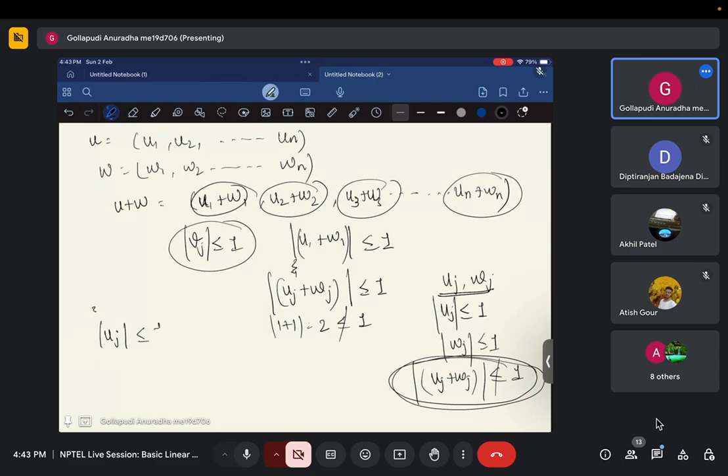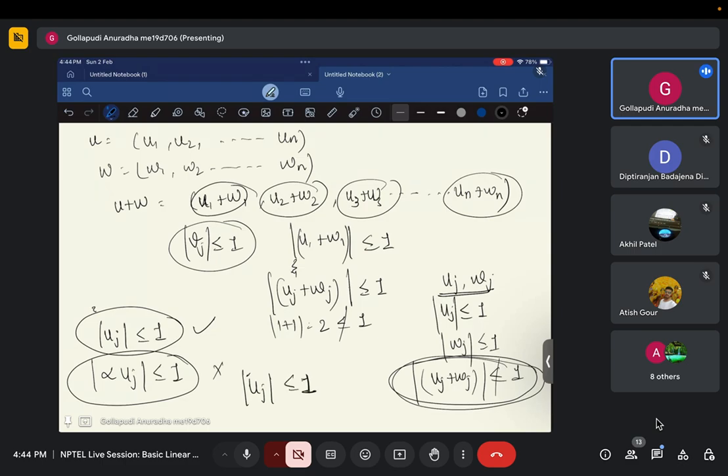Though this is true, I can think of some alpha for which this condition may not be true. So the vectors in this space with the constraint do not form a vector space.